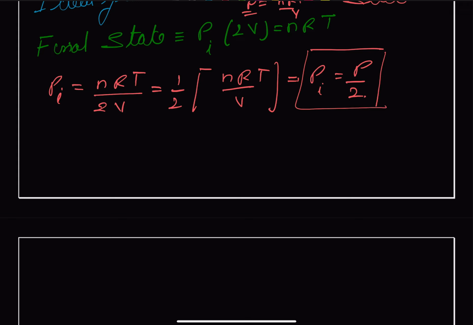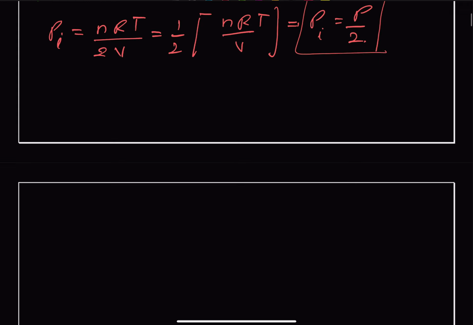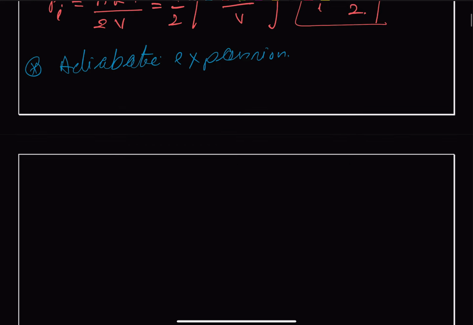Now we come to our adiabatic expansion. For adiabatic expansion, we can write that PV raised to power gamma is equal to constant.